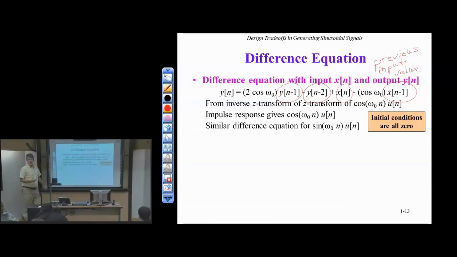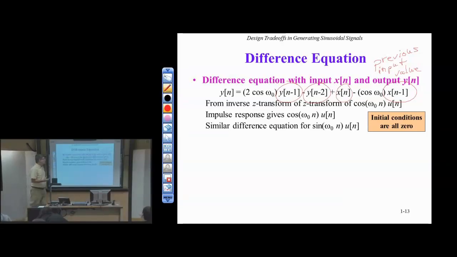So not a lot of complexity here. How many multiplies do I need for one output value? 2. How many additions? How many 2 argument additions do I need? 3. Pretty low complexity.